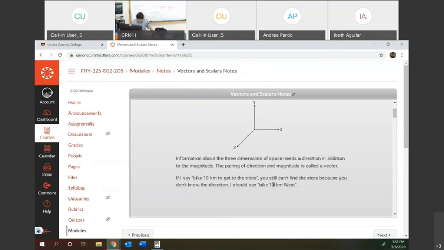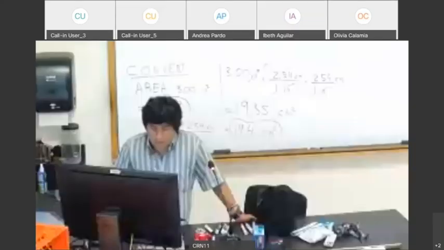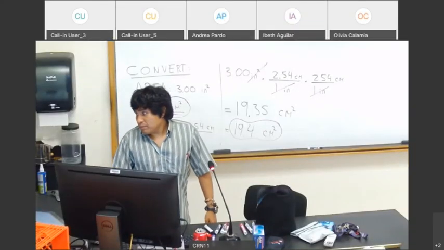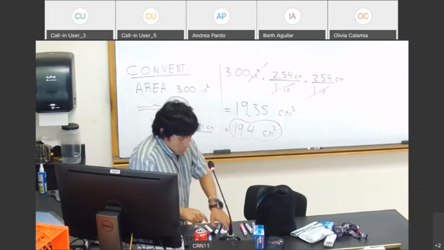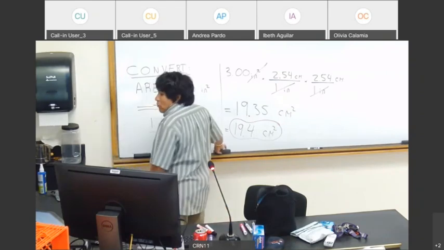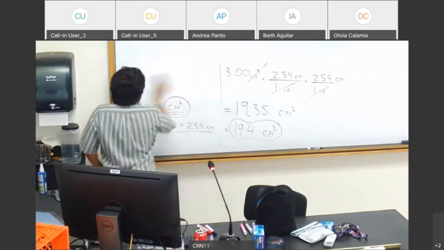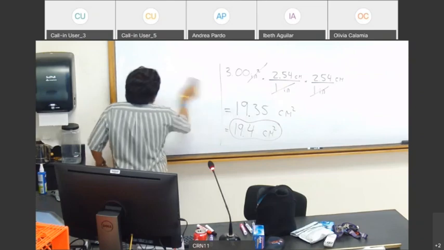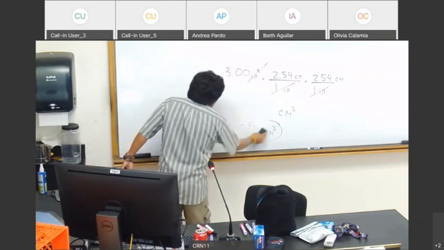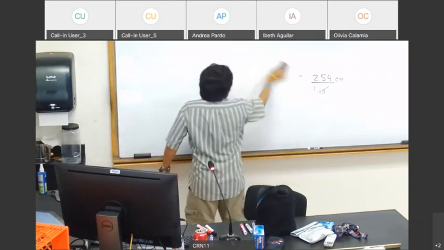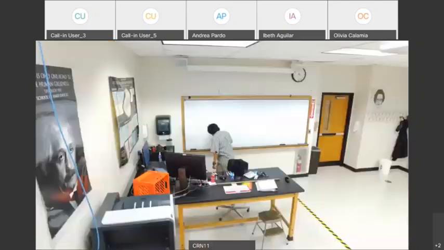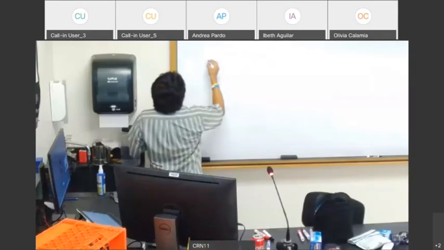Graphically, let's stop sharing now. Graphically speaking, a vector is represented by an arrow. Look at this. A vector is an arrow.